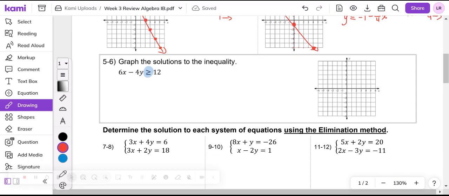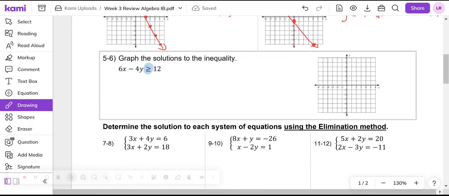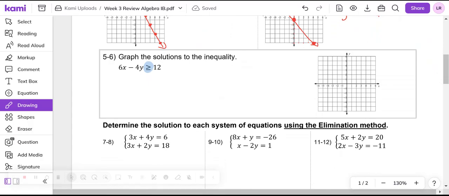So, similar to number 4, I can put this in slope-intercept form if I so choose. Typically when I'm making my line this way, I just make it an equal sign. So minus 6x on both sides.